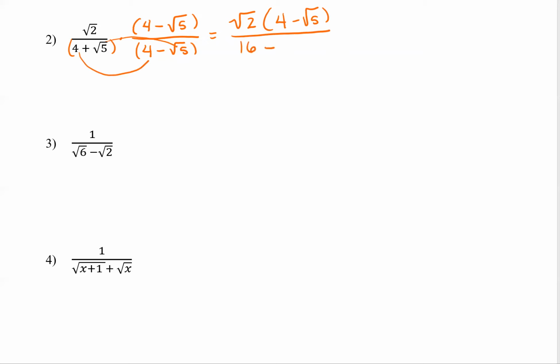It'll always be minus because one sign is positive, one sign is negative. Square root of 5 times square root of 5 is 5. And 16 minus 5 is 11. If we want to distribute the square root of 2, that would be 4 square root of 2 minus square root of 10 divided by 11.